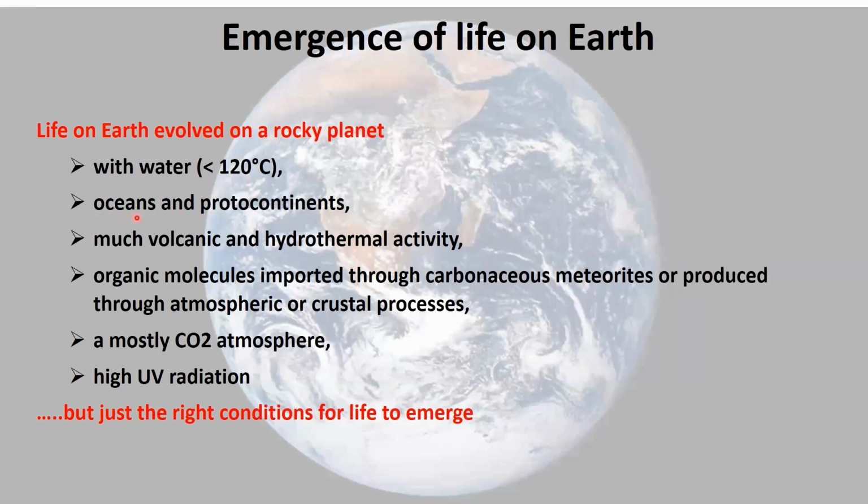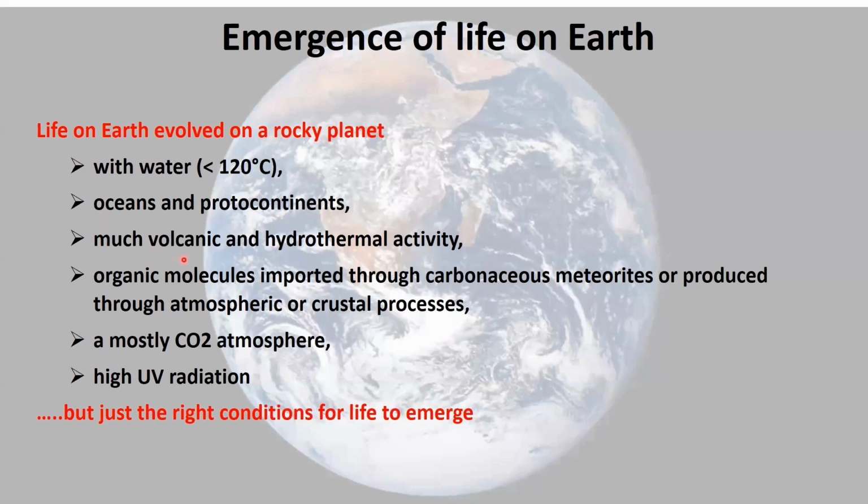It emerged on a planet where there were oceans and protocontinents, not continents as we have them today. The protocontinents were something similar to present-day oceanic plateaus, like the Ontong Java Plateau or the Kerguelen Islands, or even Iceland. They were very small, mostly submerged underwater.